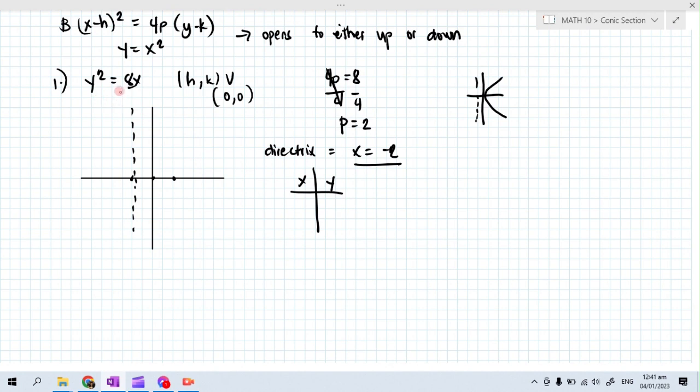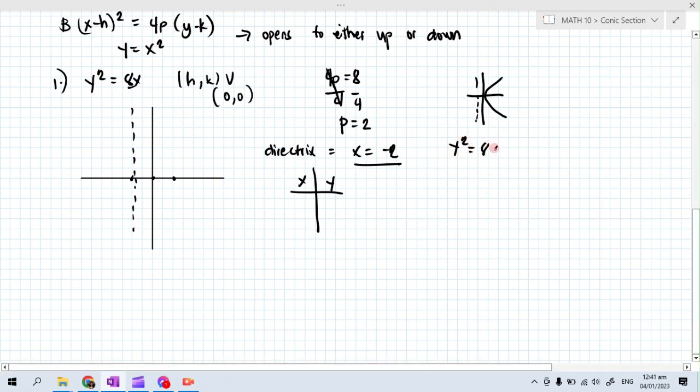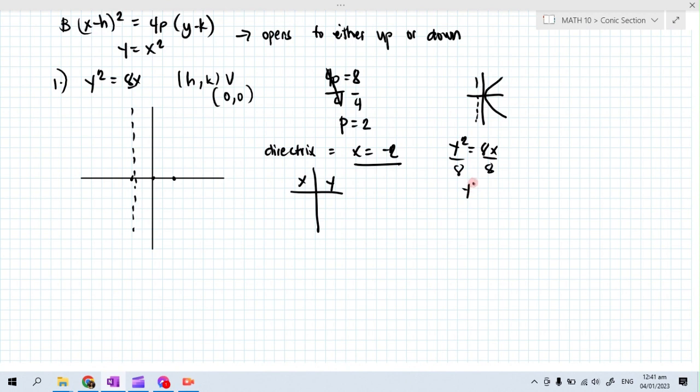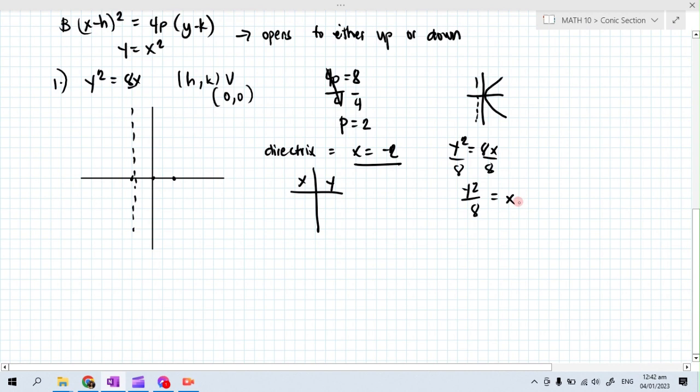I think it is easier if we solve for x rather than solve for y. So with y squared equals 8x, divide both sides by 8. y squared over 8 equals x. Now we need to think of a number that will give us a whole integer.